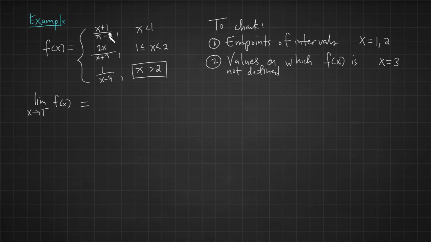For illustration purposes, I want this to be 1 instead of 2. Okay. So what's the limit when x approaches 1 from the left? So x will take values less than 1. So we will use this definition of the function. Okay. So the limit as x approaches 1 from the left of f of x is equal to the limit as x approaches 1 from the left of x plus 1 over x minus 1.